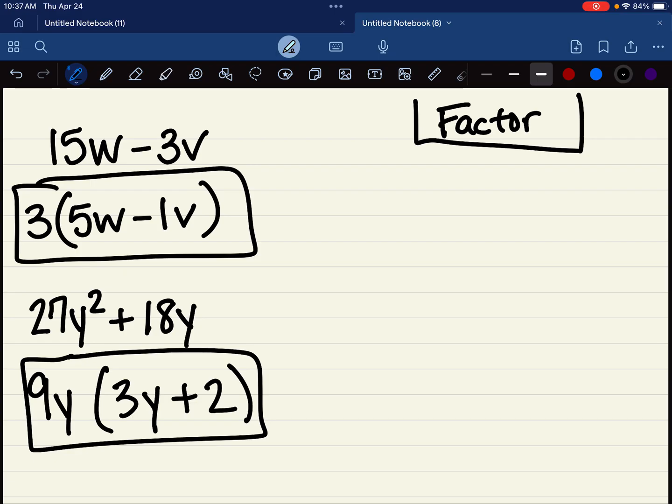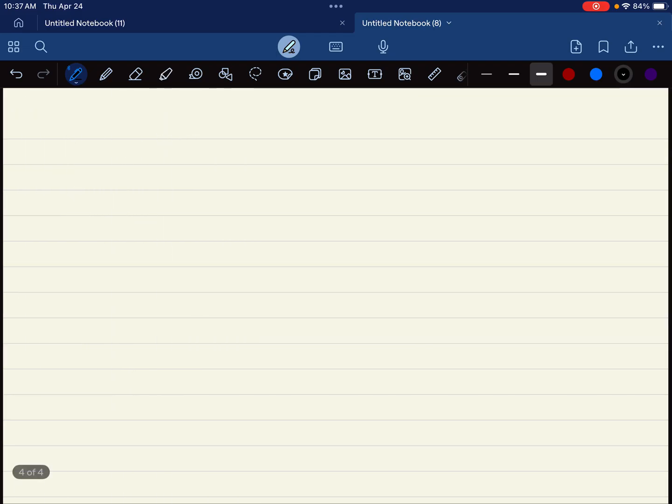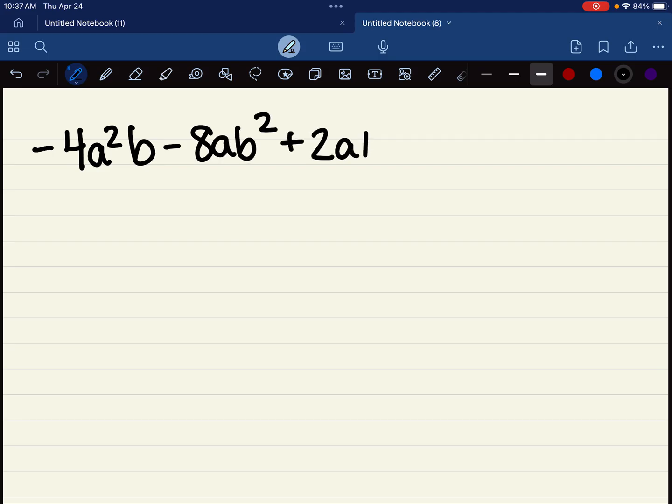All right? We're going to move to ones that have 3 terms. Now, I'm going to tell you, most of these I'm showing you today are probably a little bit longer than the ones you'll actually do. Because if we can handle these, the shorter ones you're going to move through a little quicker. Okay?